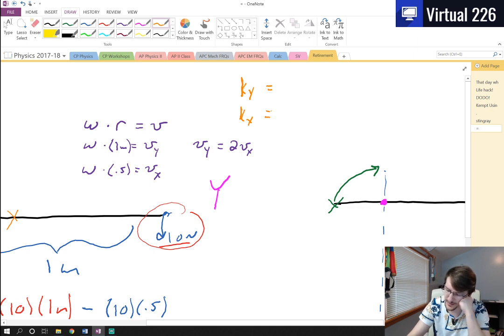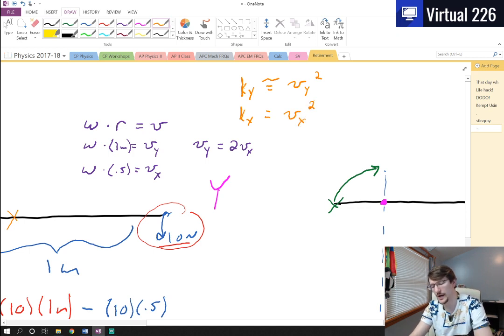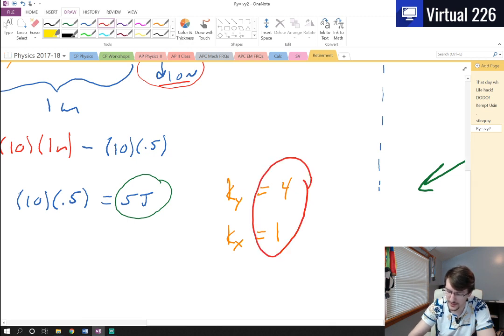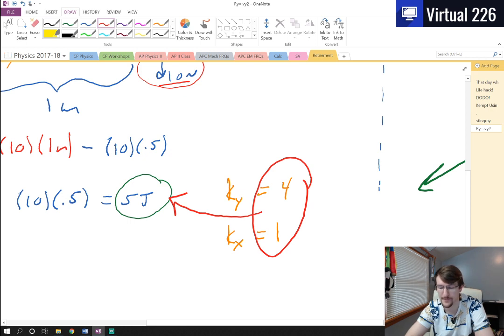What we can say here is that the kinetic of y is just the velocity of y squared, or proportional rather, and this is just the velocity of x squared. So if y is twice as much as x in terms of velocity, that means it's going to be 4 times as much in terms of kinetic energy, and so the kinetic of y could equal like 4, and the kinetic of x could equal 1. 4 and 1 together will give you 5. So I think your answer here should be D. It should be 4.